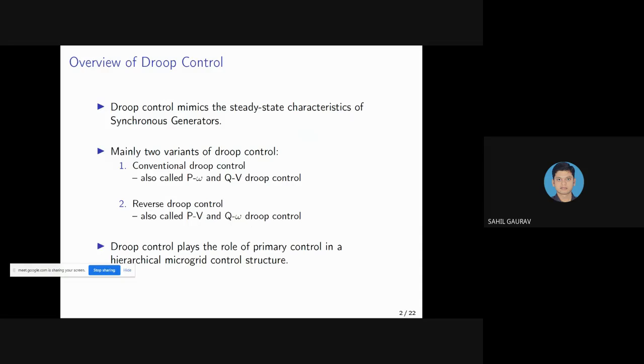The first one, conventional droop control, is according to the fundamentals of a high voltage network in which the line impedance is inductive. And the second one, reverse droop control, is based on the low voltage network in which the line impedance is resistive.